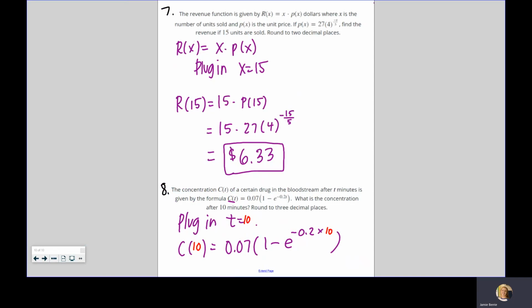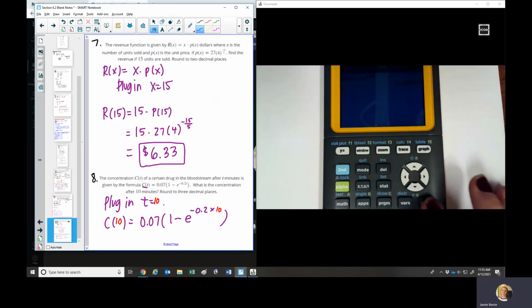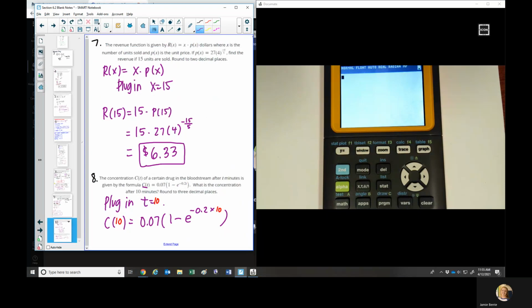All right, so let's get our calculator. We don't have to simplify anything here. We can plug it straight in. So 0.07 parentheses 1 minus, use that E button at second ln, negative 0.2 times 10. If you have a TI-83, you'll need to close the parentheses at that point and get out of the exponent, close that parentheses.